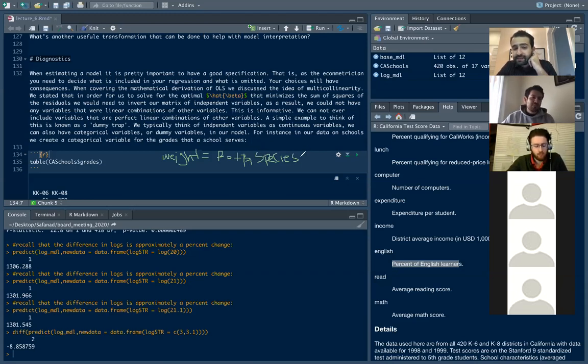So species might be a variable that looks something like this. It might be a 1 if the species is cat. Thank God I chose 3-letter words. It might be a 0 for all other species.